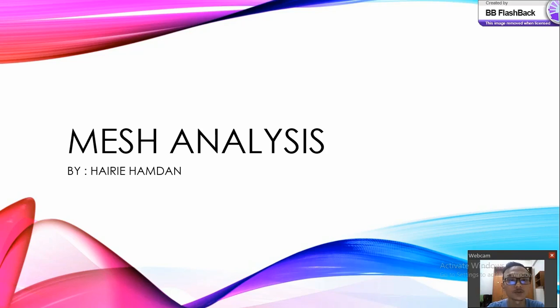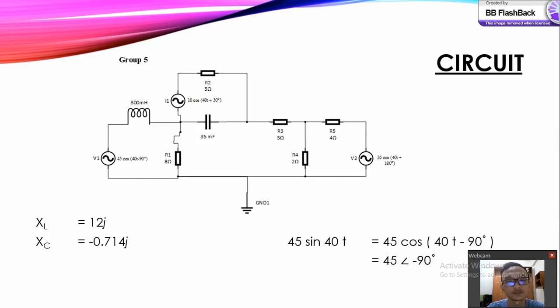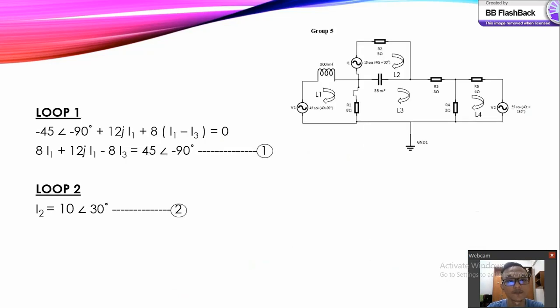I am going to show you how to find the value of current and voltage at R4 by using mesh analysis. This is the circuit. First thing that you need to do is to find XL and XC and change sine to cosine so that it is in the same phase as the other sources in the circuit.